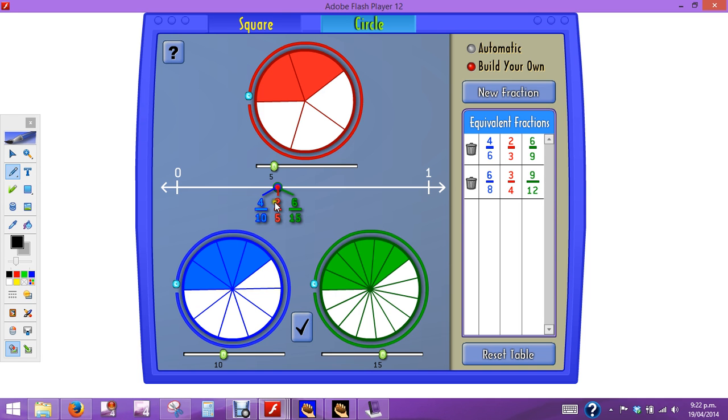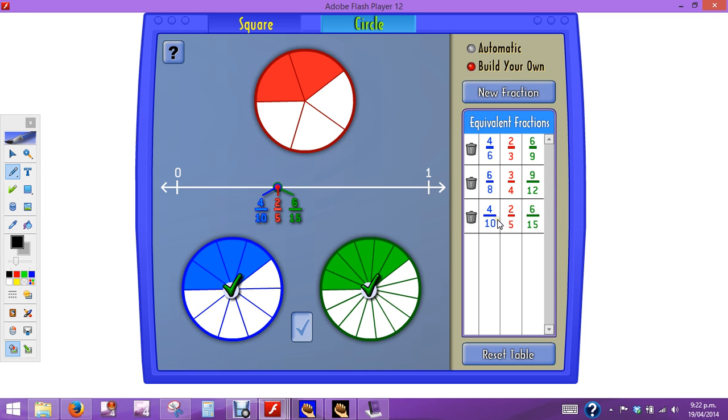So the 2 doubles to 4 and the 5 doubles to 10. But with the green, the 5 triples to make 15, so the 2 needs to be tripled to make 6. 1, 2, 3. So they're all the same.